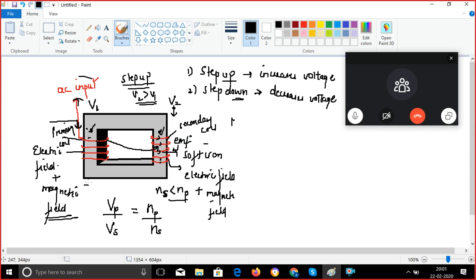A primary voltage drives an alternating current through the primary coil. Because this is an AC input, when current is supplied, a primary voltage is developed, and the current passes through this primary coil.